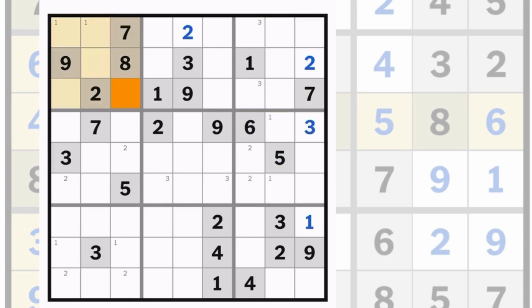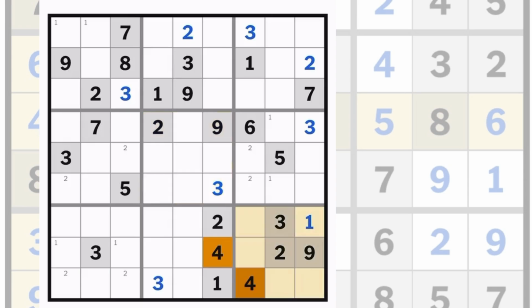Here we get a cell where 3 is unique, and consequently this becomes a cell where 3 is unique. So we remove 3 from here. Similarly, we get one cell here where 3 is a unique number, and consequently this is also 3. So we remove 3 from here.